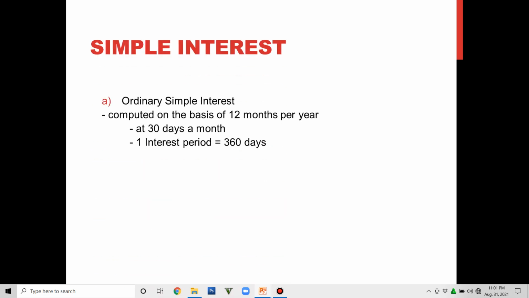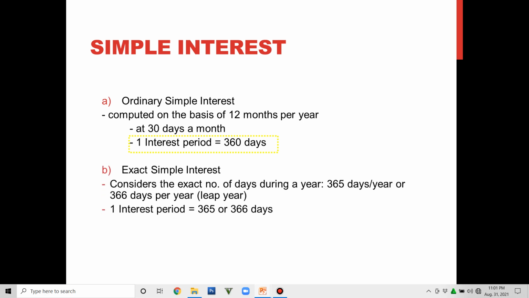So simple interest could be ordinary simple interest. This is computed on the basis of 12 months per year. So meaning all months would have 30 days. So that for 12 months, 12 times 30, that is 360 days. So for ordinary, that is the interest period.